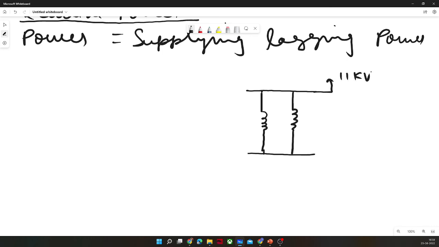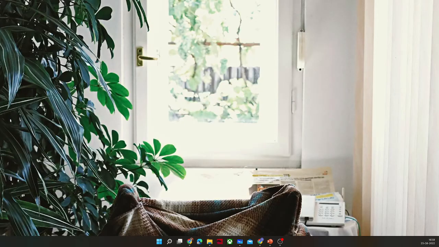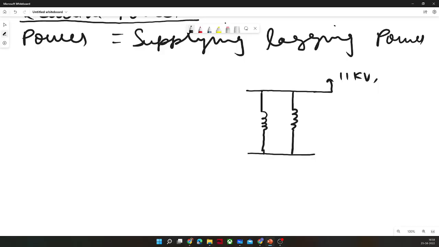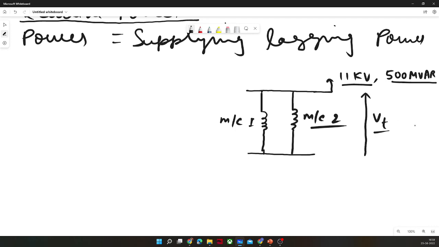This is 11 kV grid and 50 MVAR, I guess. This is the rating of the grid. Now, this alternator 1 or motor 1 or condenser 1, let me write it as machine 1. It is more generalized, and machine 2. Now, the terminal voltages are same. You can denote in circuital form.